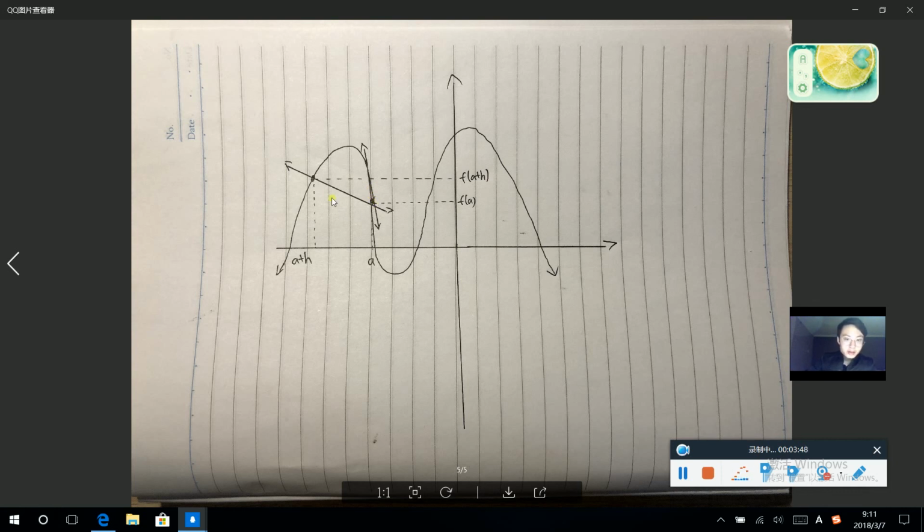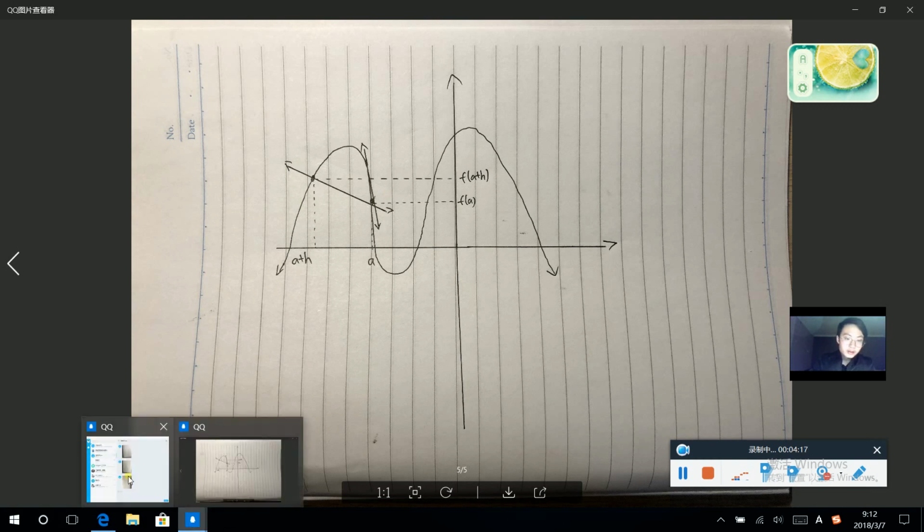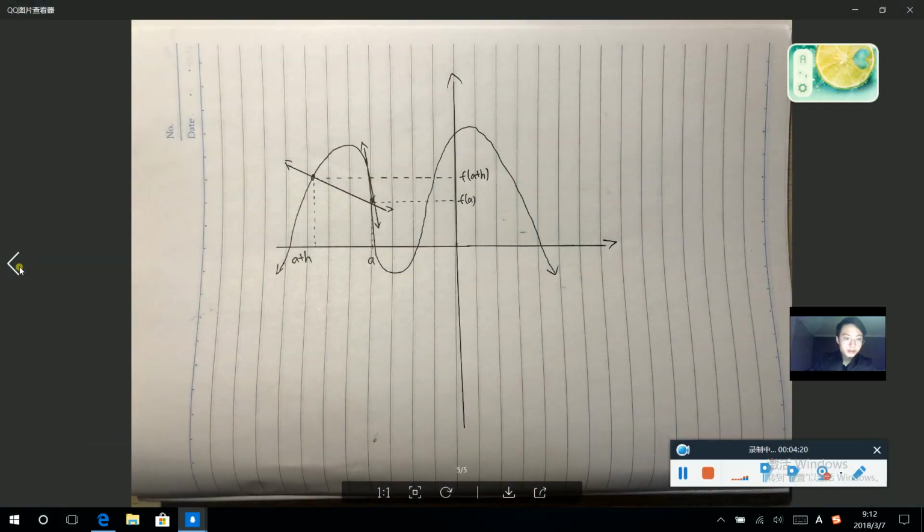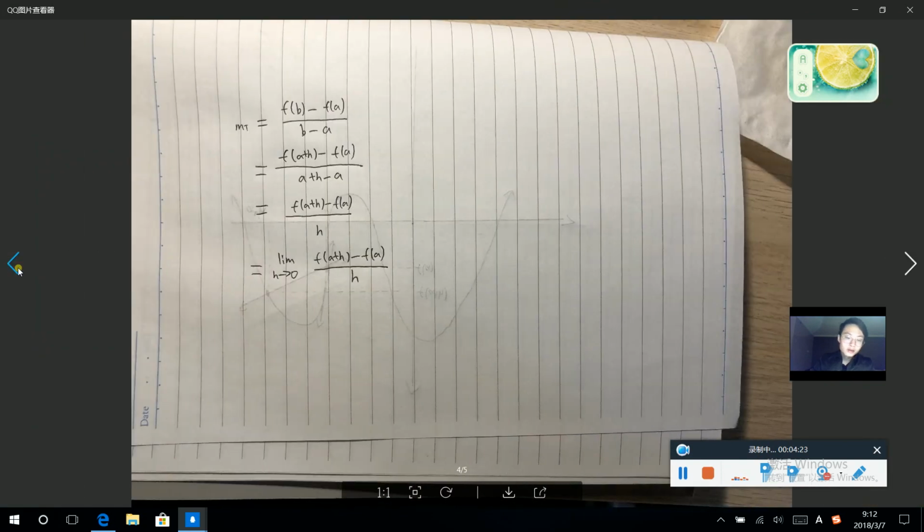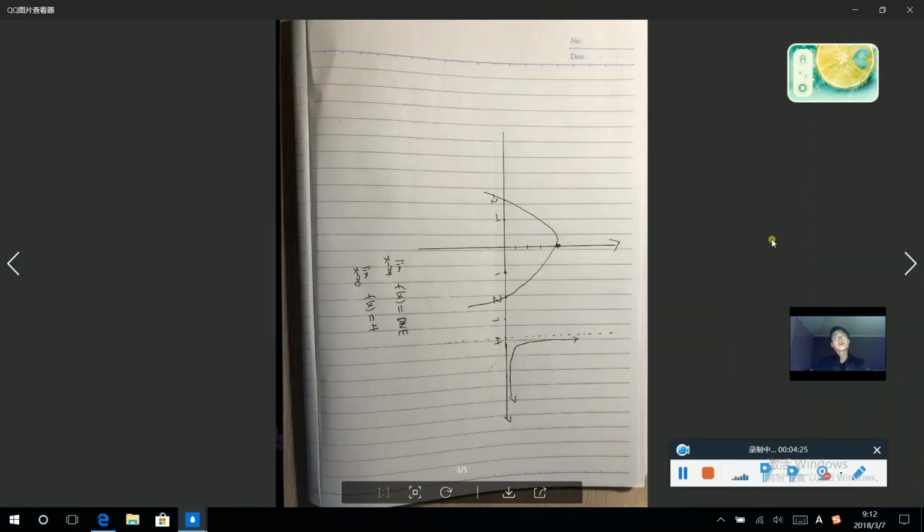To connect this with the formula of the secant line, although we can substitute A plus h in f of B, we should clarify that h has to approach zero so that this formula can be valid. But there are also some unusual instances that do not allow us to use the formula.